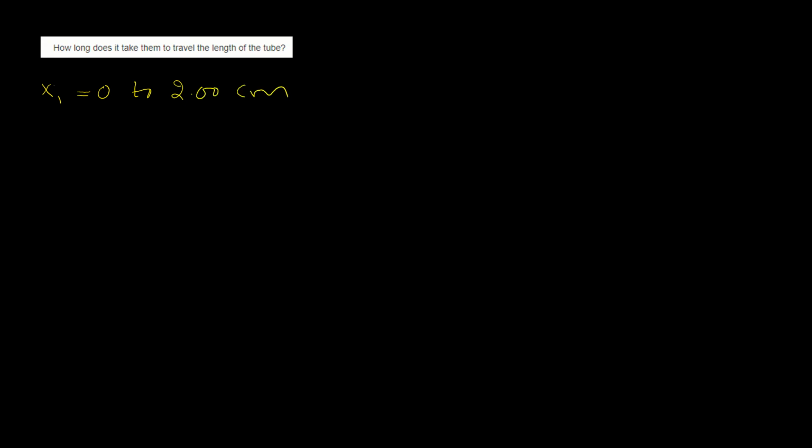For this again we are going to use the kinematic equation, delta x1 equals v_ix delta t plus half of a_x delta t squared. We're using delta t1 here.